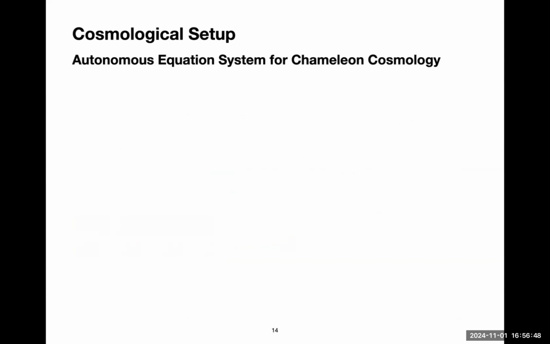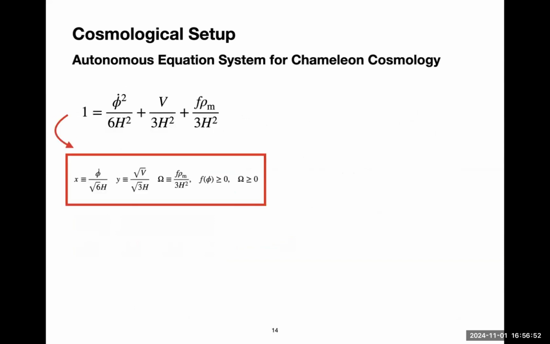And again, to construct the autonomous system and compare it with the ODD system, we define the phase space variables of the chameleon cosmology as similar as possible to the ones of the ODD complete system. So again, here X defines the kinetic energy, and Y here, instead of a flux, this time is a potential contribution, and omega defines the energy density.